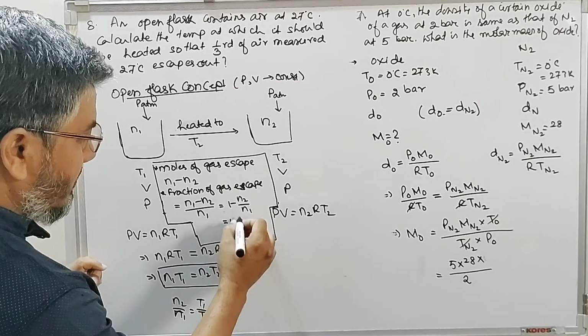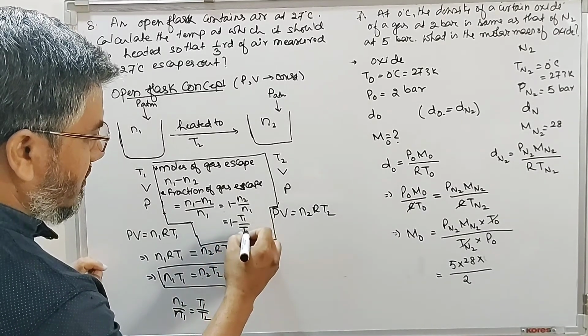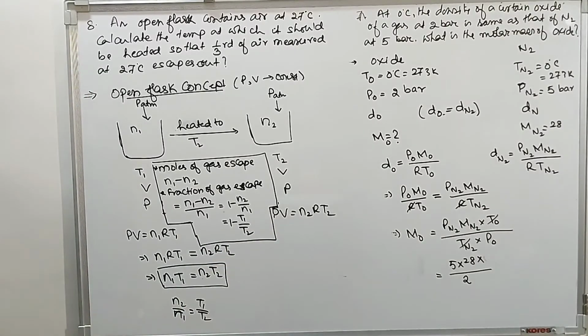So the fraction escaped is 1 minus T1 by T2. So if you have T1 and T2, we can easily find the fraction of gas that has escaped.